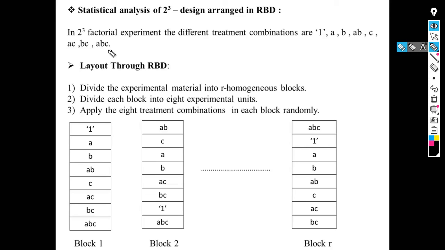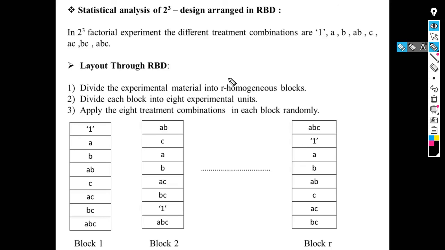With the help of randomization, we apply the T treatments into each block randomly, and the size of each block is the same. The same layout we use here in the 2^3 factorial design. Here also, when our material is not homogeneous, we divide it into R homogeneous blocks, or R homogeneous replicates.